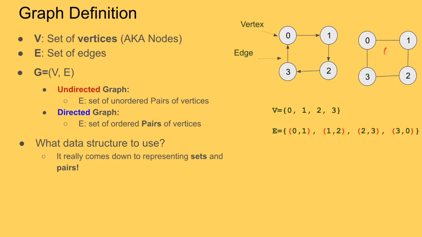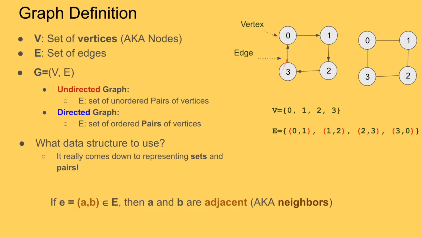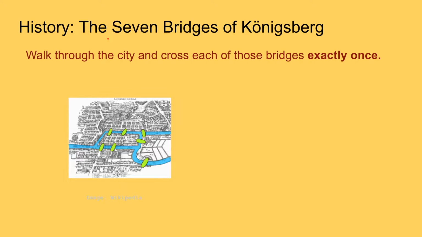So now if it's undirected, this order doesn't matter, otherwise the order matters. And one last definition is that if there's an edge between two nodes or two vertices, we call them adjacent or neighbors.